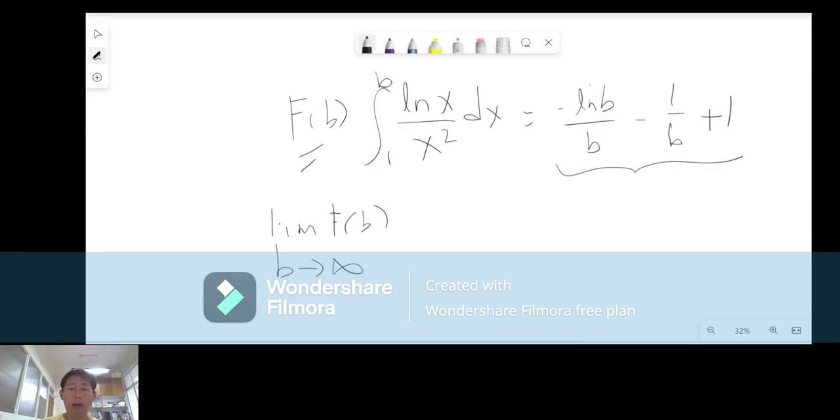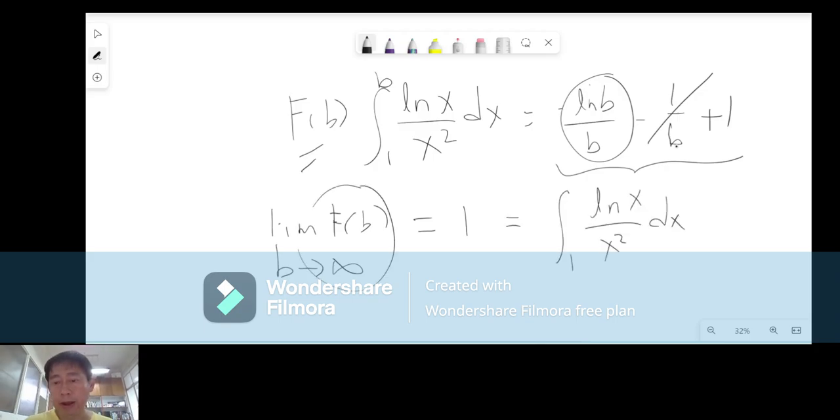By applying L'Hopital's rule, the limit of ln b over b is shown to be 0. So the term 1 over b is 0. Therefore, we end up with the limit of the function F of b being 1 when b tends to infinity. And this limit is the value of the area under the curve for the function ln x over x squared between 1 and infinity.